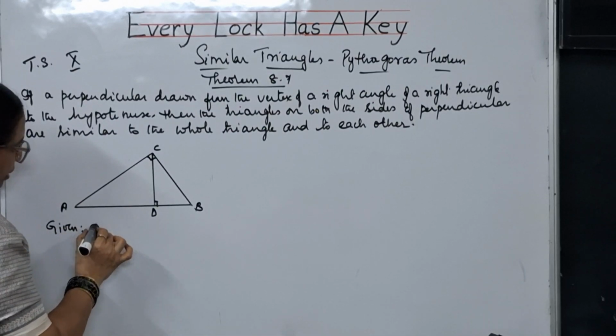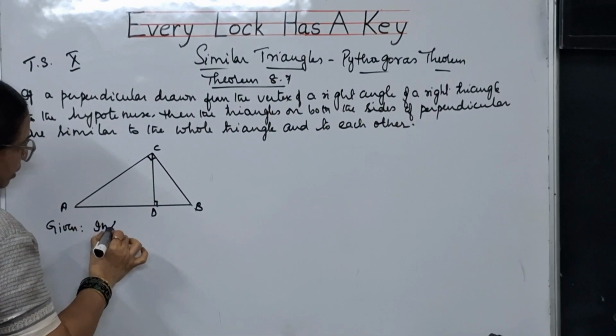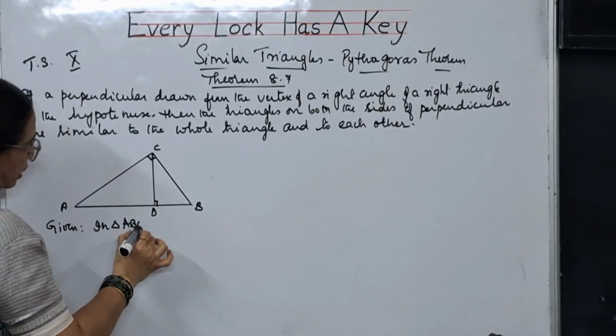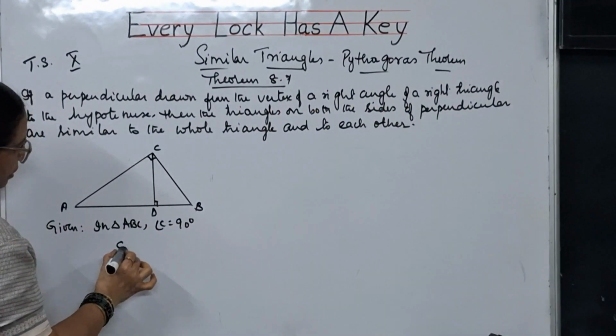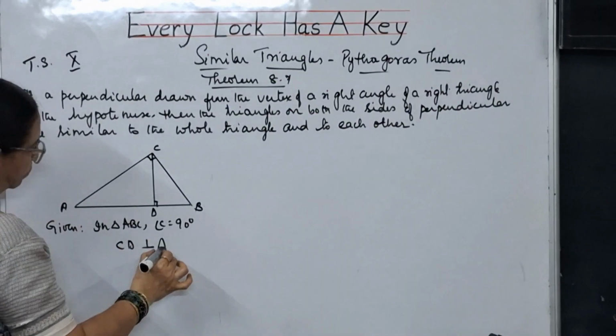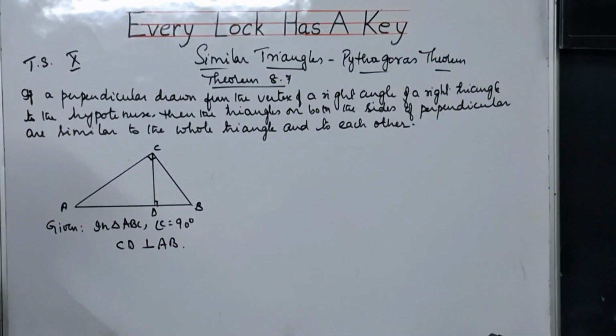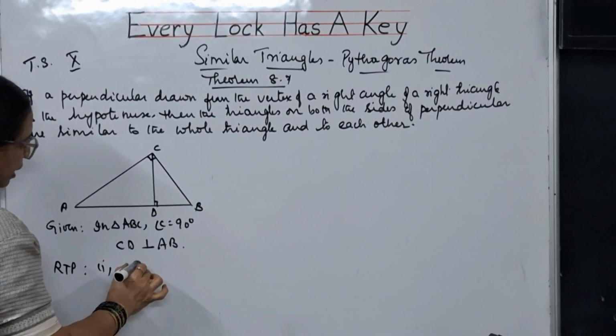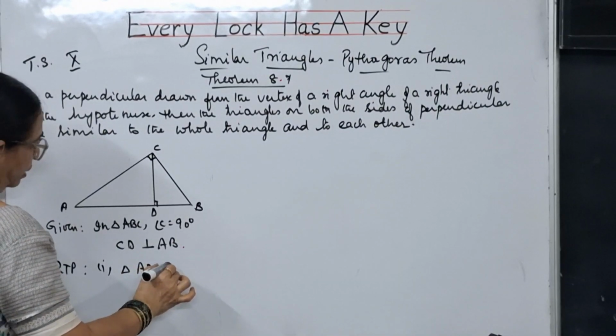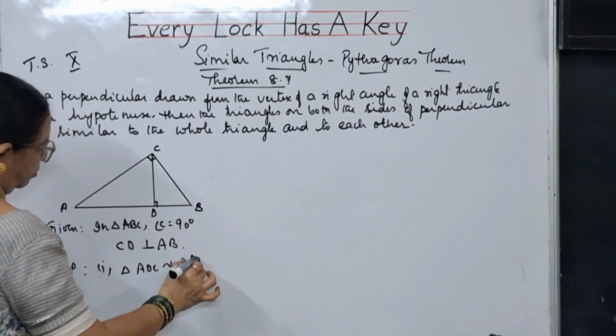It is given that in triangle ABC, angle C is equal to 90 degrees and CD is perpendicular to AB. This is given to us. Now, what is RTP? First one: triangle ADC is similar to triangle ABC.